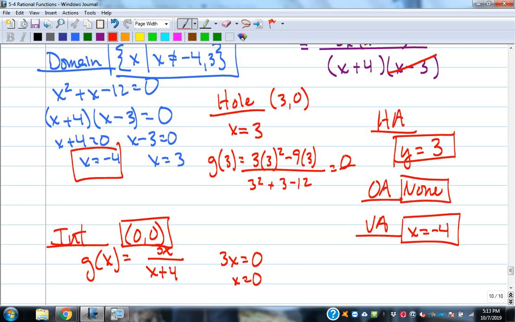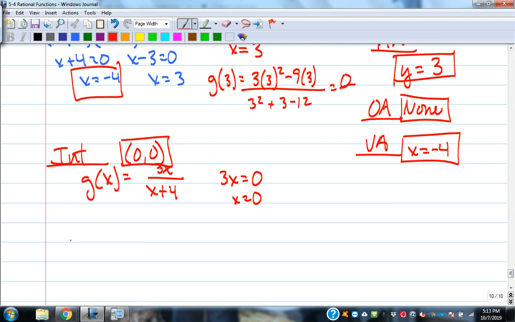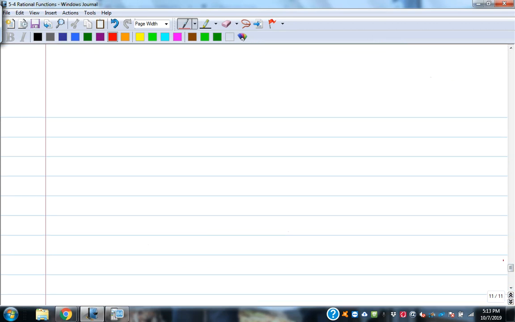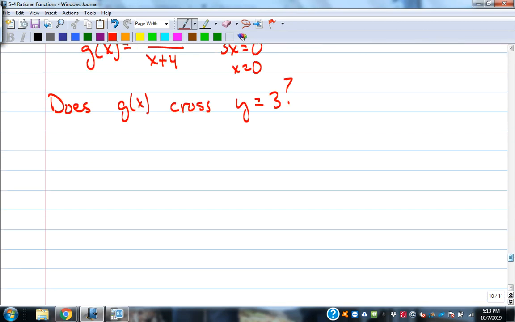Last thing to decide is, does it cross the horizontal asymptote? So we set, okay, does g of x cross y equals 3? And so you take your equation, 3x over x plus 4, and set it equal to 3. Multiply by x plus 4.